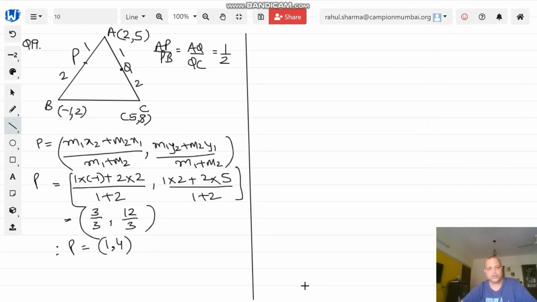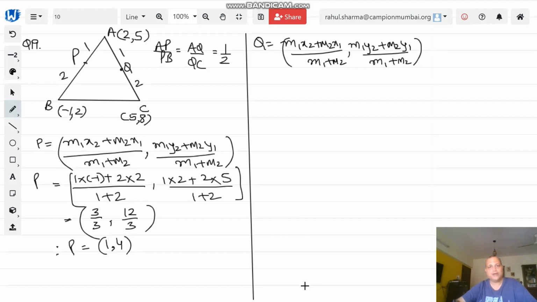Let's figure out the coordinate of Q as well. So Q again would be equal to m1x2 plus m2x1 upon m1 plus m2 and m1y2 plus m2y1 upon m1 plus m2. Right. So let's substitute values. M1 is 1 and x2 in this case is 5, m2 is 2 and x1 is 2 upon 3.